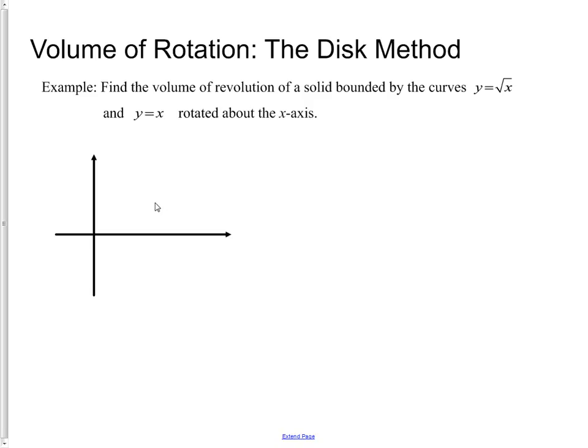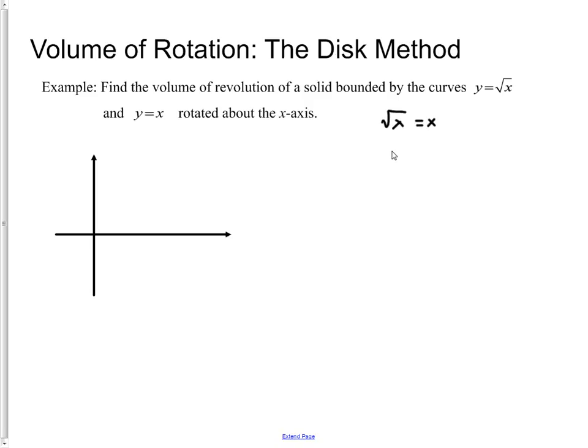Let's say we're told to find the volume of revolution of the solid bounded by the curves y equals the square root of x and y equals x, rotated about the x-axis. So let's first of all determine where these two curves meet. I have to take the square root of x and set it equal to x and find out where that's true.